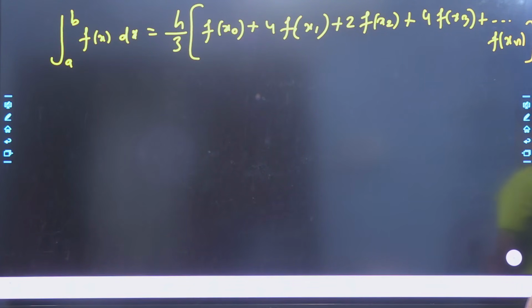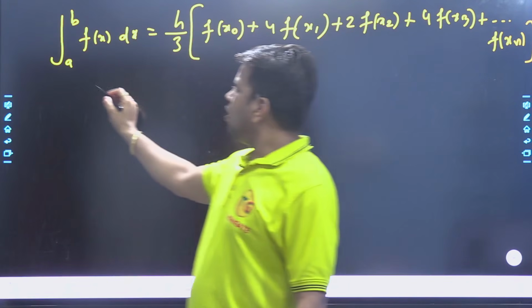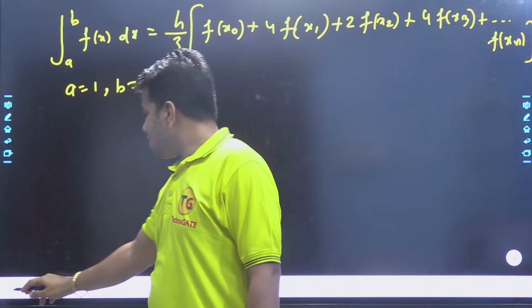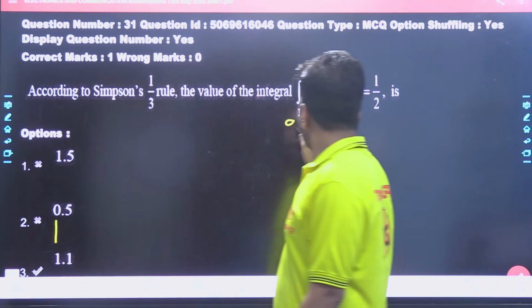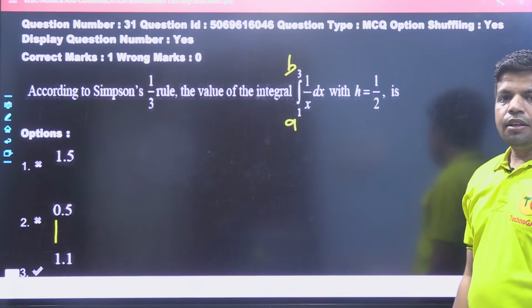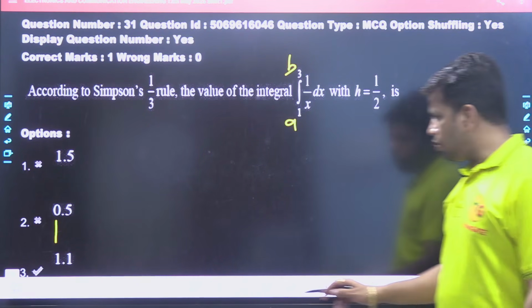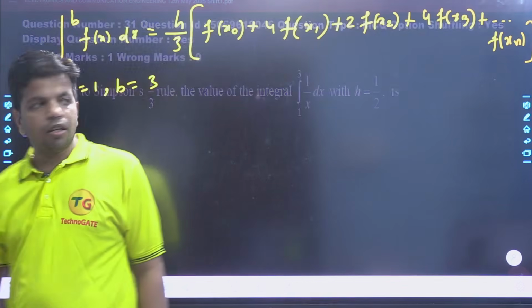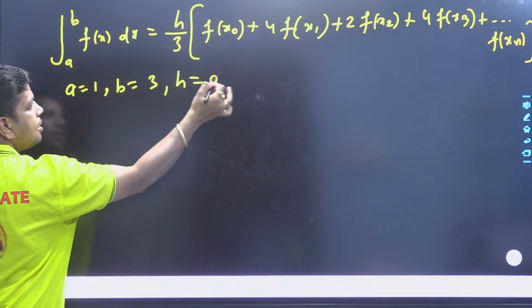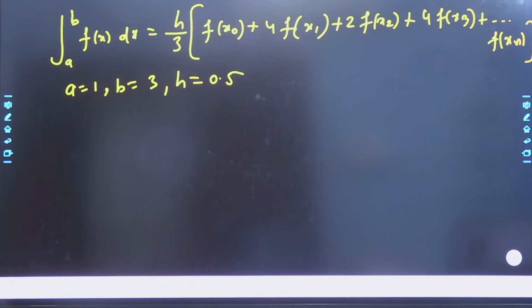Okay, now here the value of a given to us is 1 and the value of b is 3. You can see this is the value a and this is the value b. The function is 1 by x. h is 1 by 2, which means 0.5.